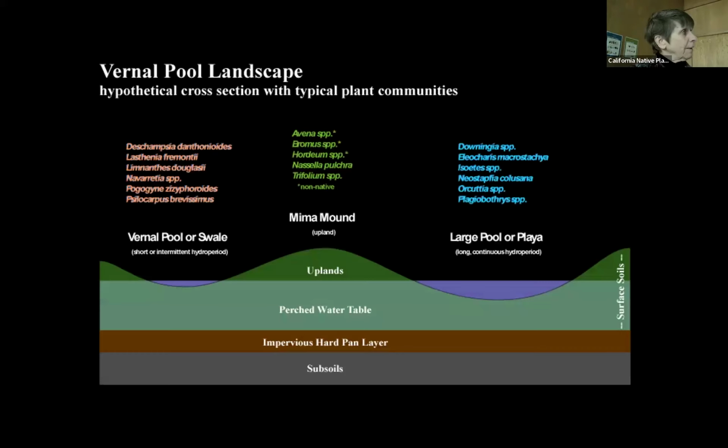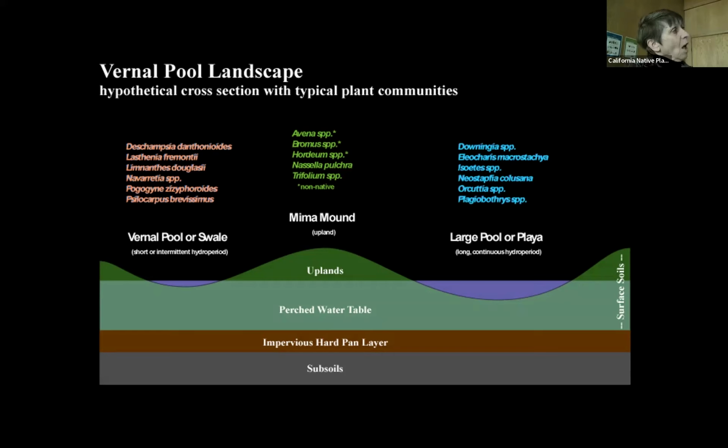There is an impermeable layer down in the subsoils or just above the subsoils. And so the rainwater comes down and it perches on top of this impervious layer. And in places where you have depressions, you get vernal pools.